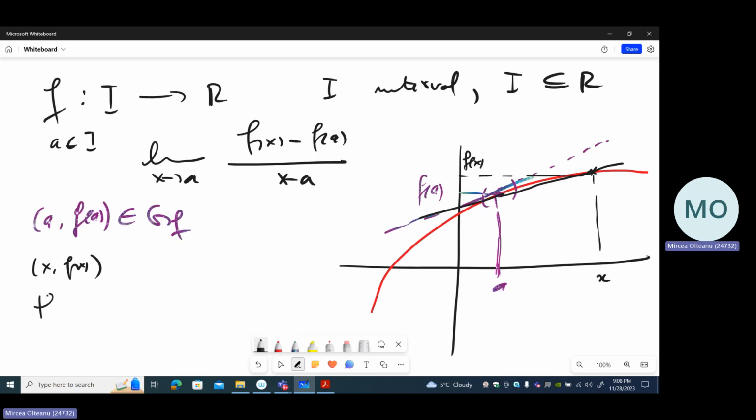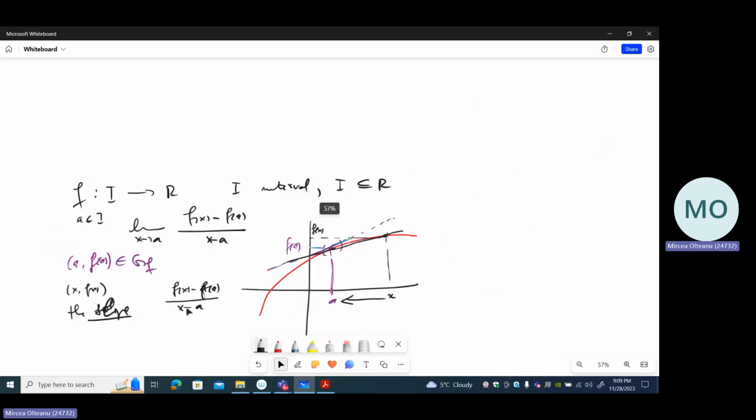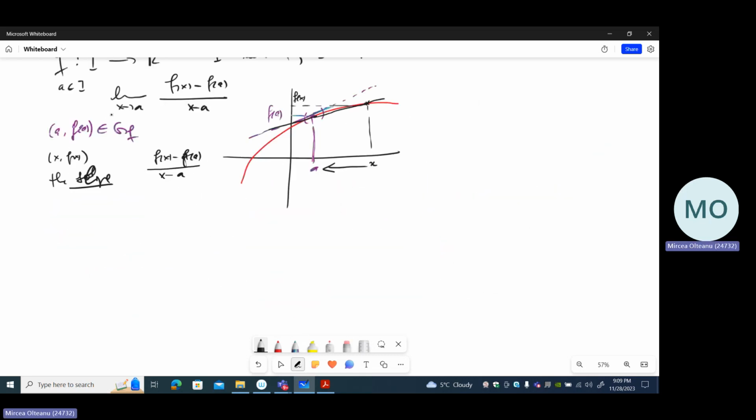More precisely, the slope of this line is, of course, the ratio f of x minus f of a over x minus a. And now, if x is closer to a, of course, this number is closer to the slope of the tangent line. So finally, the slope of the tangent line is given by this limit.